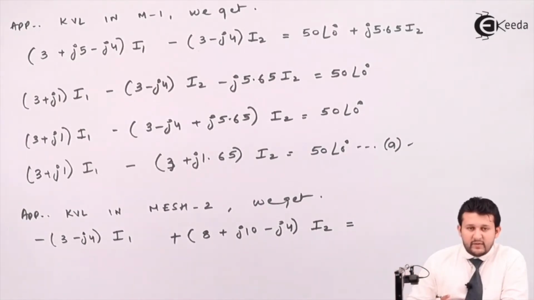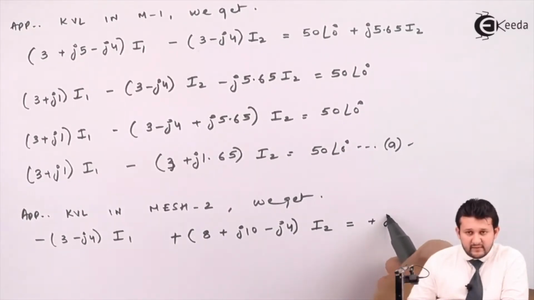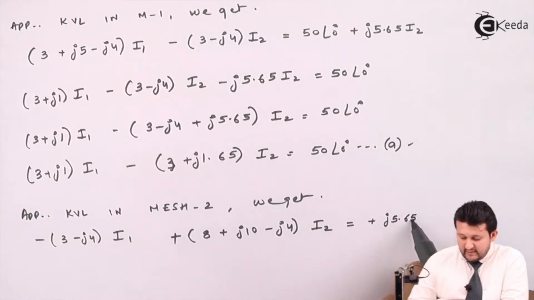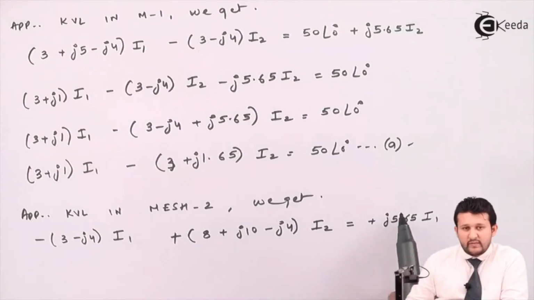On equal to, there should be only voltages. If you observe carefully in mesh 2, there is only one voltage. So when your current enters into negative, it will be positive. This will be j5.65, it will be I1. Rule says on the right side there should be only numbers, no variables.